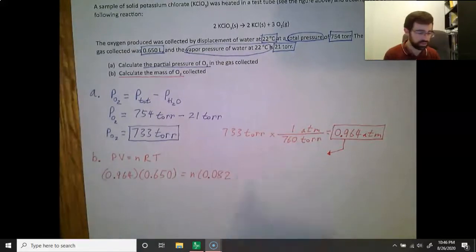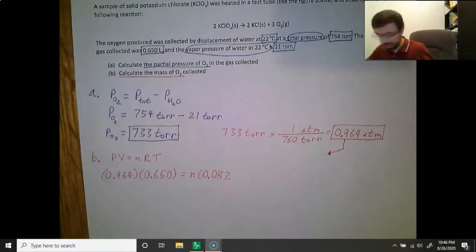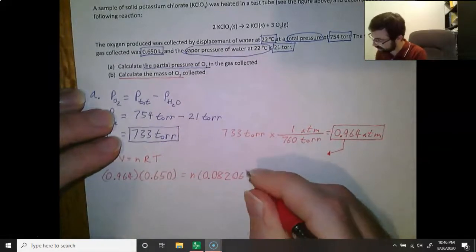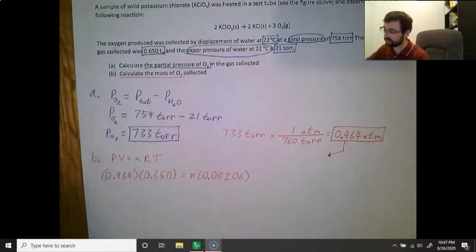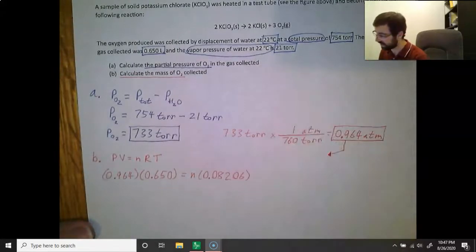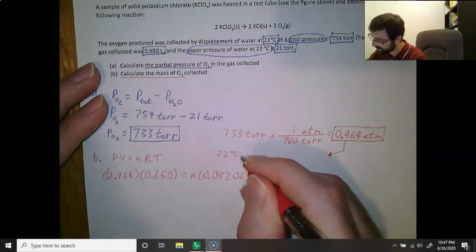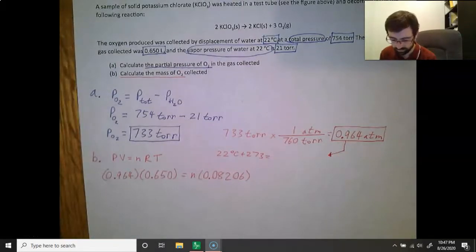We usually say 0.0821, but I believe it is 0.08206 liter atmospheres per Kelvin mole. And then T, my temperature, is in degrees Celsius. I need to change that as well. So 22 degrees Celsius plus 273, and that's 295.